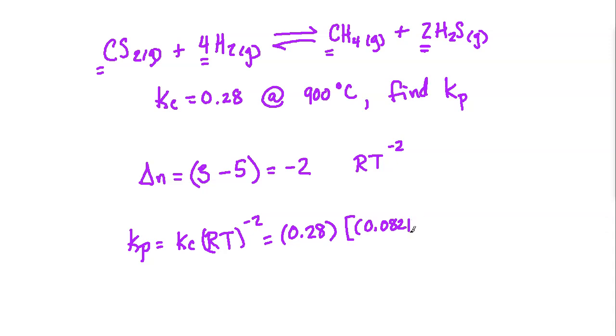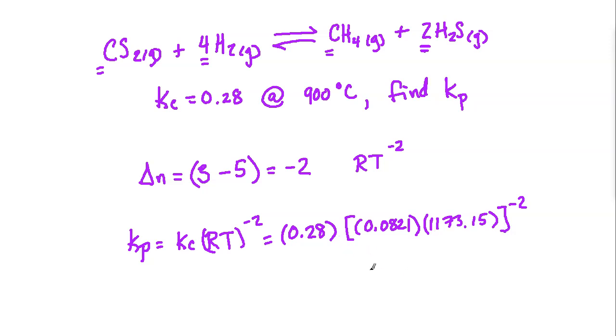I am currently going to leave the units out just for space, but that is atm liter per mole Kelvin. Then the temperature, which I'm going to want in Kelvin because I have to get it to mix with this R unit that uses Kelvin, so I would need to take 900 and add 273.15 to the Celsius. So 900 plus 273.15 would be 1,173.15, right? And this whole chunk here, the RT, is going to be to the minus 2.